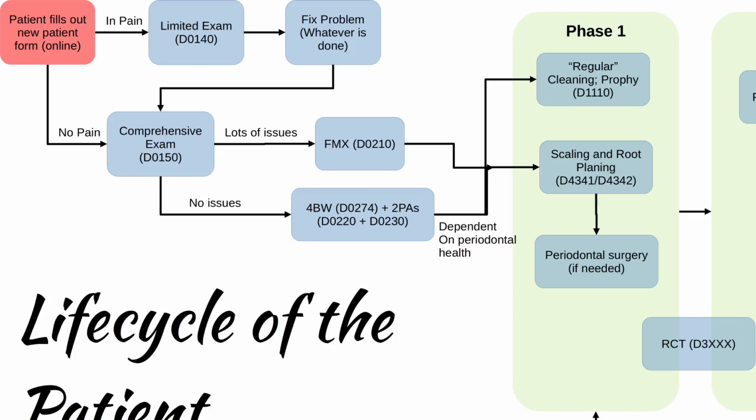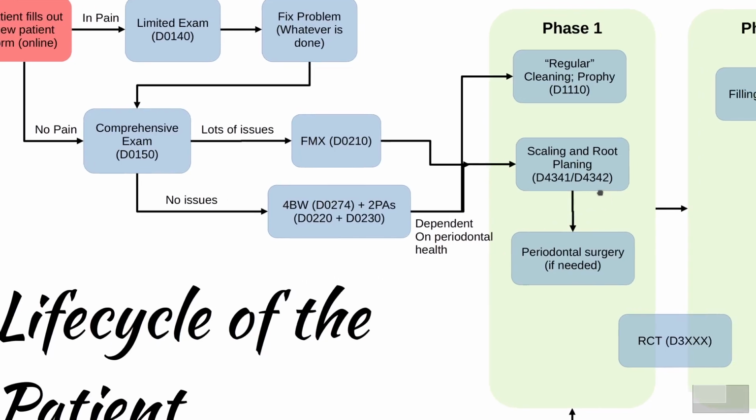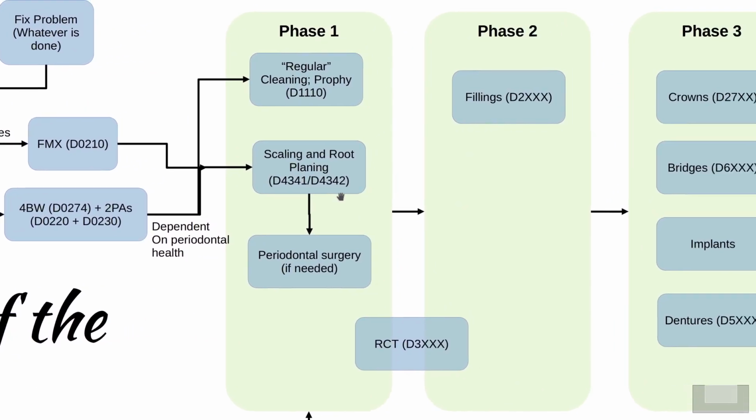Now, there are certain things that are in the treatment plan which are unphased. The most common thing is the recare exam and the cleaning, which we'll get to later. Now, let's talk about phase 1. So phase 1 tends to be things that are related to the gums one way or another. Now, we have the regular adult cleaning, which internally is called a prophy in Clear.Dental.